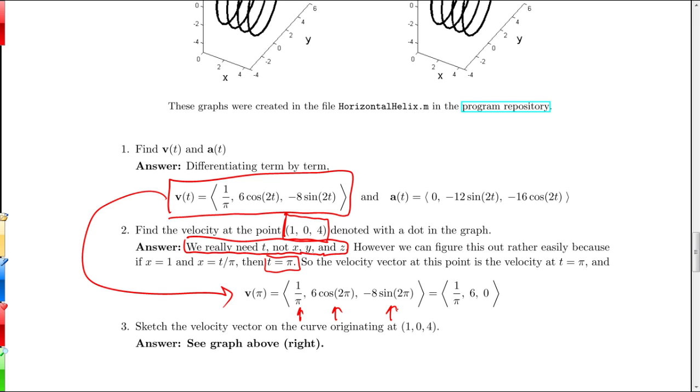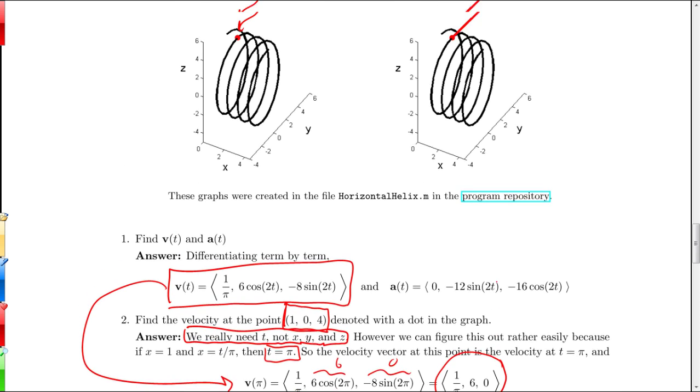You plug those in, cos 2 pi is just 1, so I get a 6 here, and sine 2 pi is 0. So there is my velocity vector valued function at the appropriate time.